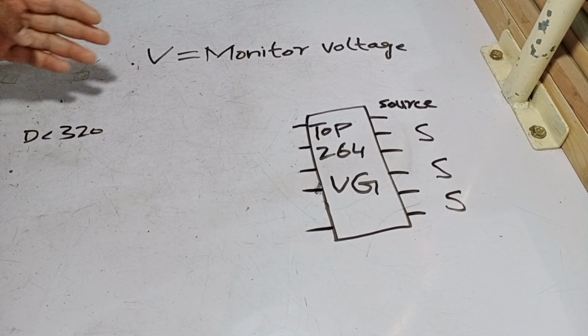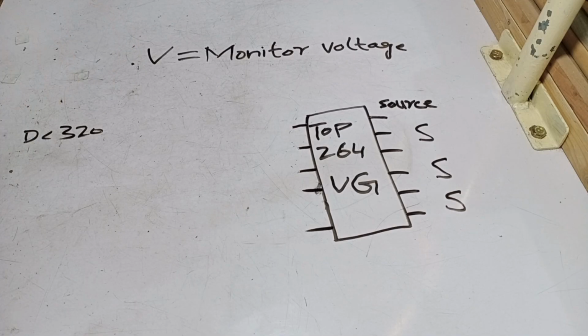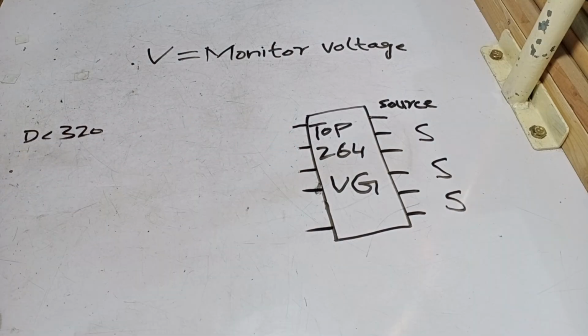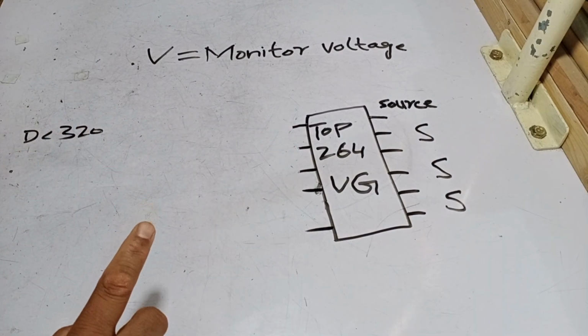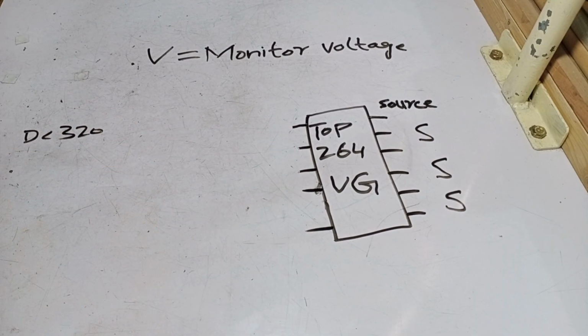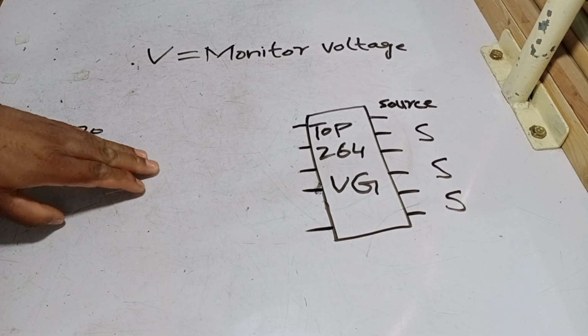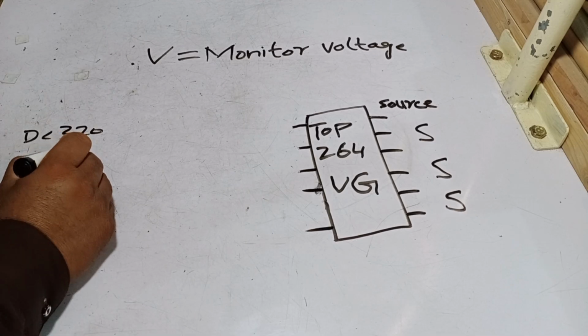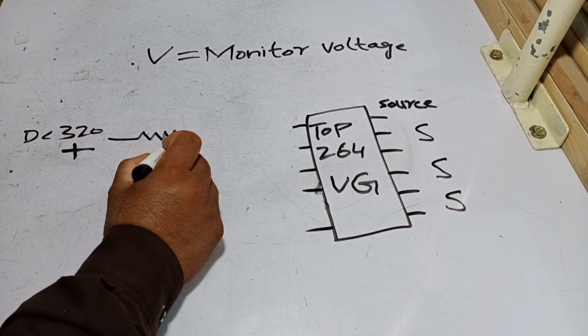The manufacturing company provides detailed guidance in their datasheet on how to properly install the IC and configure the required settings. For example, the monitor voltages have specific limits that are defined in the manual. Currently, the system is receiving 320 volts DC, so we will proceed based on this value. According to the company's recommendations, the DC positive side should have a resistor connected to it.